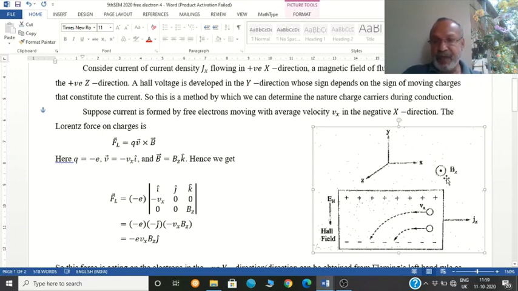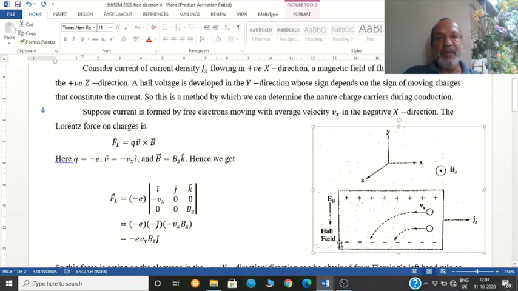That is shown by this circle and a dot here. Dot usually means it is away from the plane of the screen, that is towards you. In such a situation, a voltage will be developed in the y direction. That voltage is called a Hall voltage.